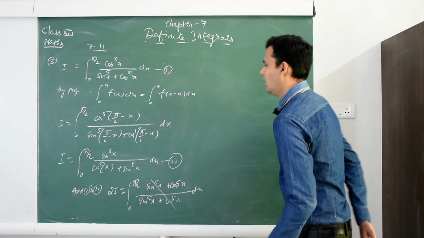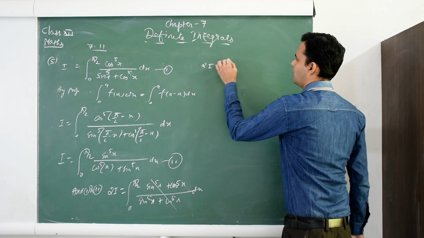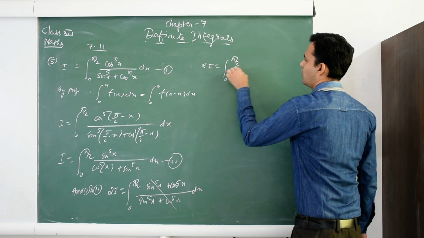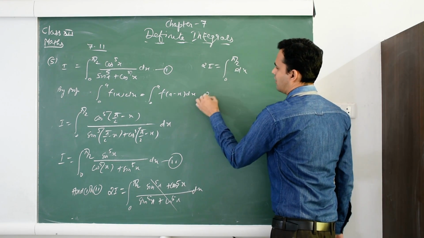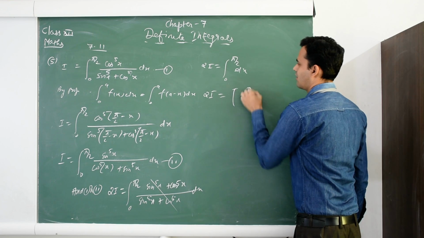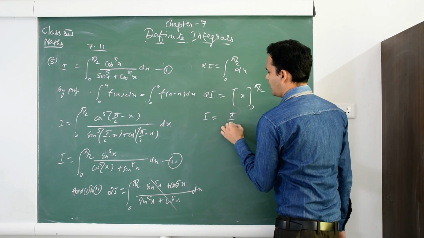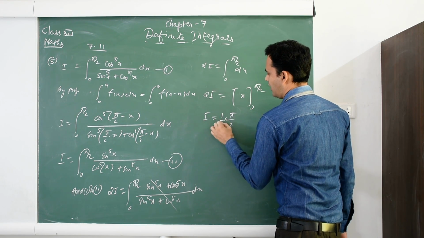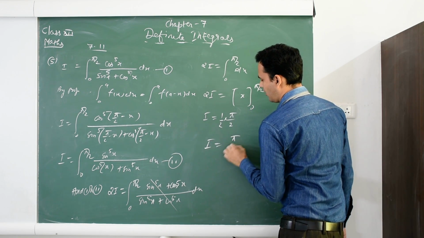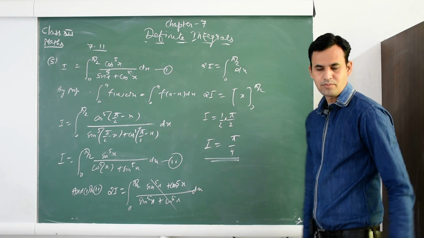These two cancel. So we get 2I equals integral 0 to pi by 2 dx, and integration of dx is x, from 0 to pi by 2. So, I equals pi by 2 into 1 by 2, which means pi by 4 is the answer.